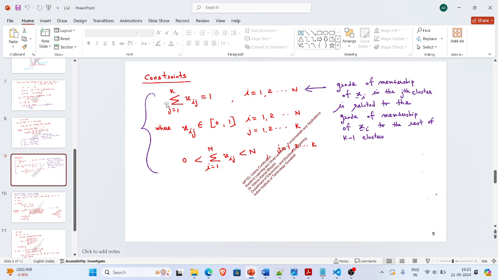But if you sum over all the n values, it should be less than n, because each one of them is less than 1, so n times that is less than n. That is the constraint we have. We'll form a Lagrangian with this one, using Lagrangian multipliers.